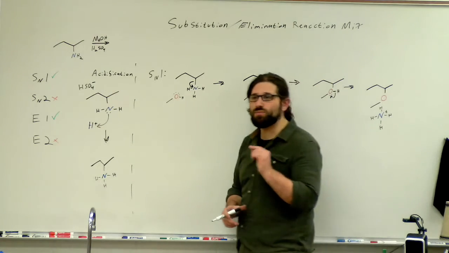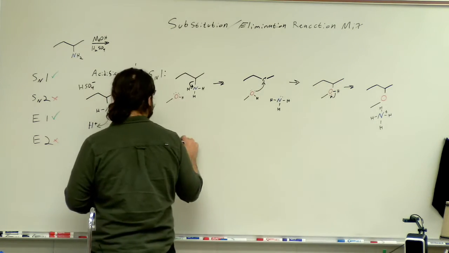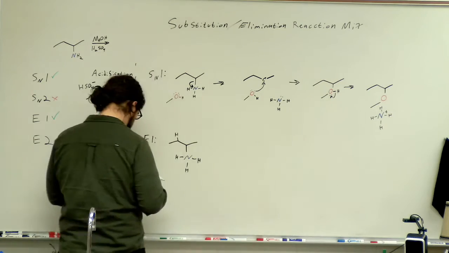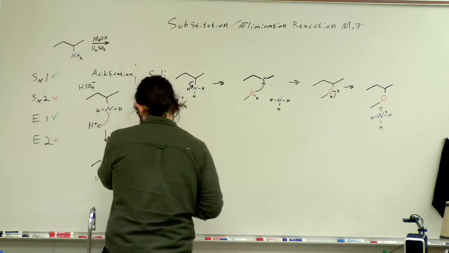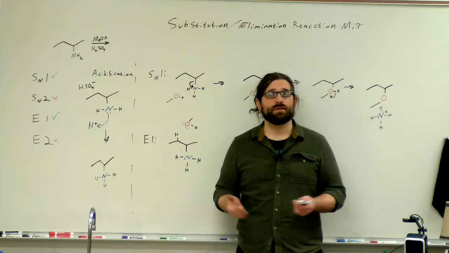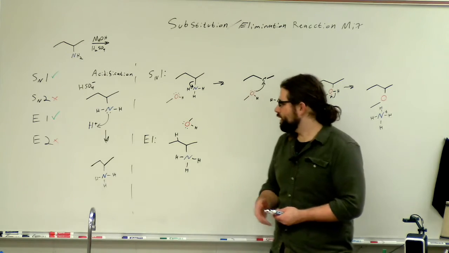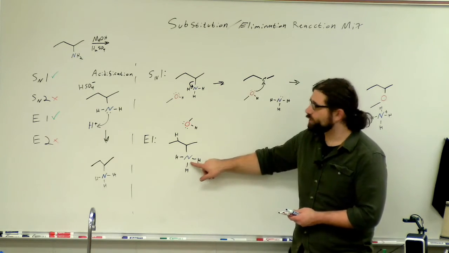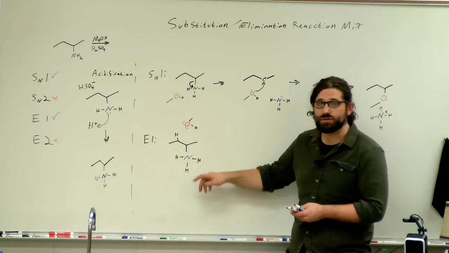Let's take a look at the E1 products. So here's our setup for the E1 mechanism. The first thing that's going to happen is our leaving group, just like in the Sn1, is going to leave.